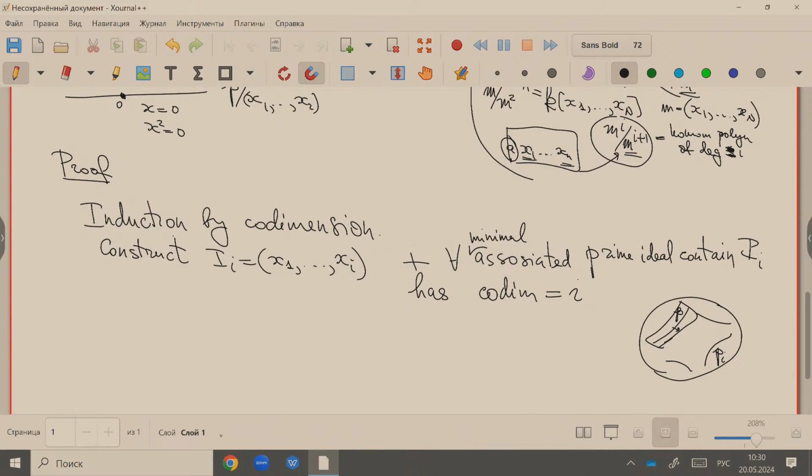What is P_i? You start with I, and you look at the set of associated prime ideals.